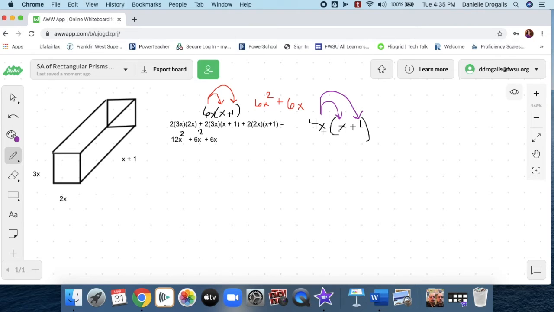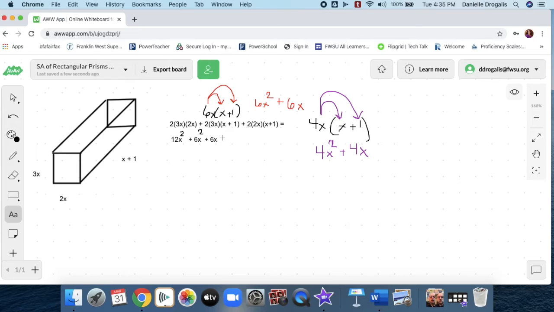You really have to do both, okay? Otherwise, we're not going to retain the real original value. So that is 4 times the 1 not written, so that's 4. And x times x is x squared. And then 4x times 1, anything times 1 is itself. And so we just get another 4x.